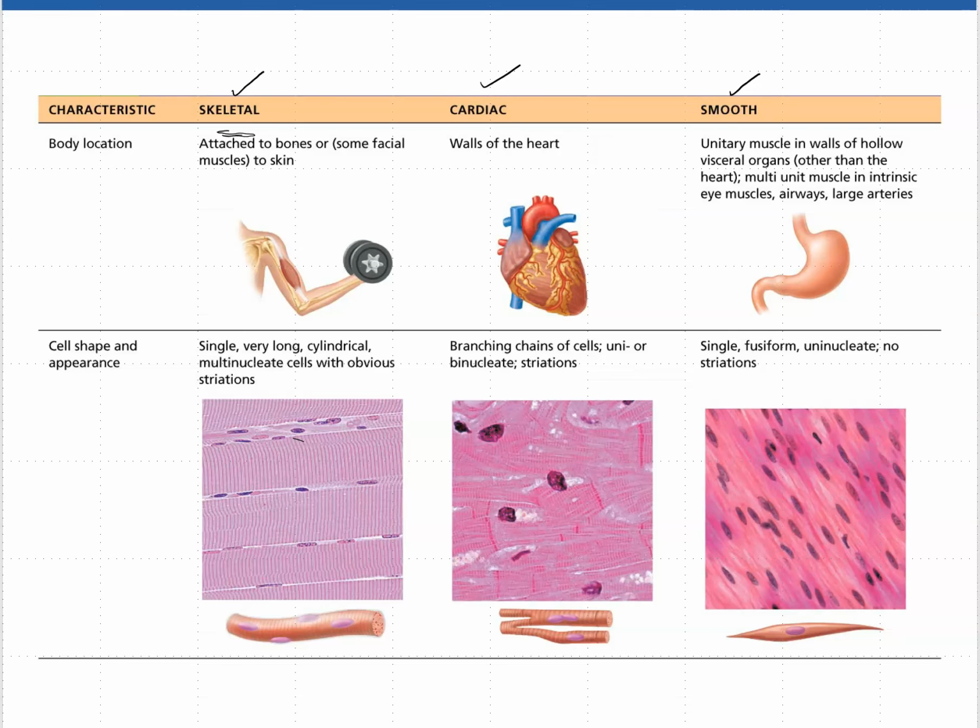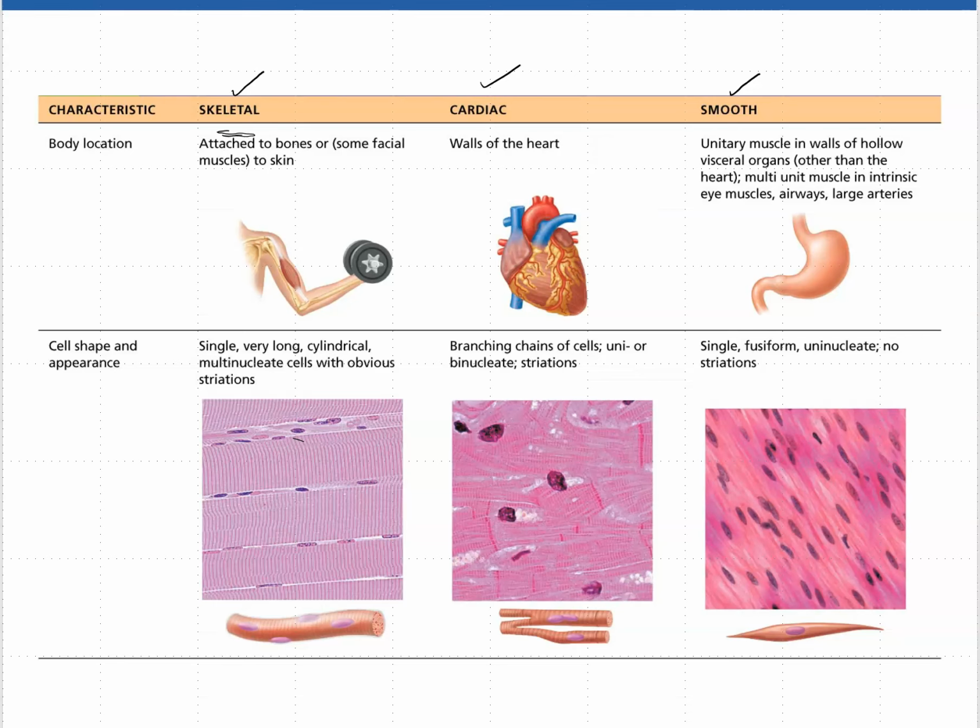The next type of muscle you looked at in histology was cardiac muscle. Cardiac muscles are highly specialized muscles which are present in the wall of the heart and only in the heart. These muscles build the bulk of the heart walls, and they are also striated because of the lines that you see when you observe them under the microscope.